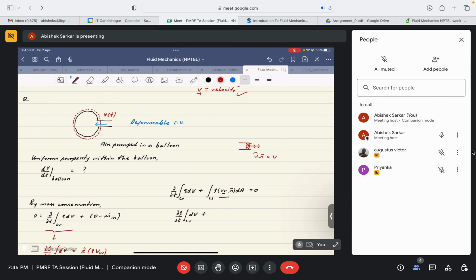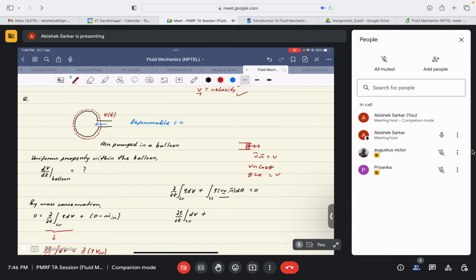There is no negative sign, because v dot n cap means v n cos theta. Say if theta is equal to 0, and n cap is a unit vector, it will give us v.